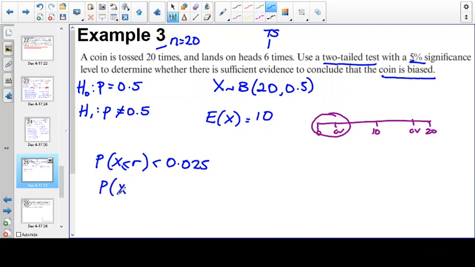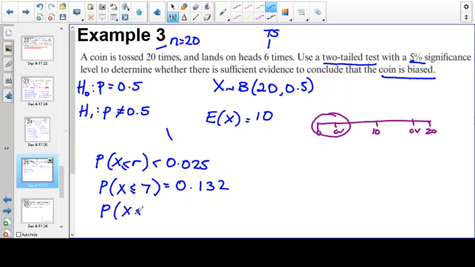So let's start with, I don't know, 7. See what happens. X is 7, N is 20, P is 0.5. That is equal to 0.132. So we need to go smaller.